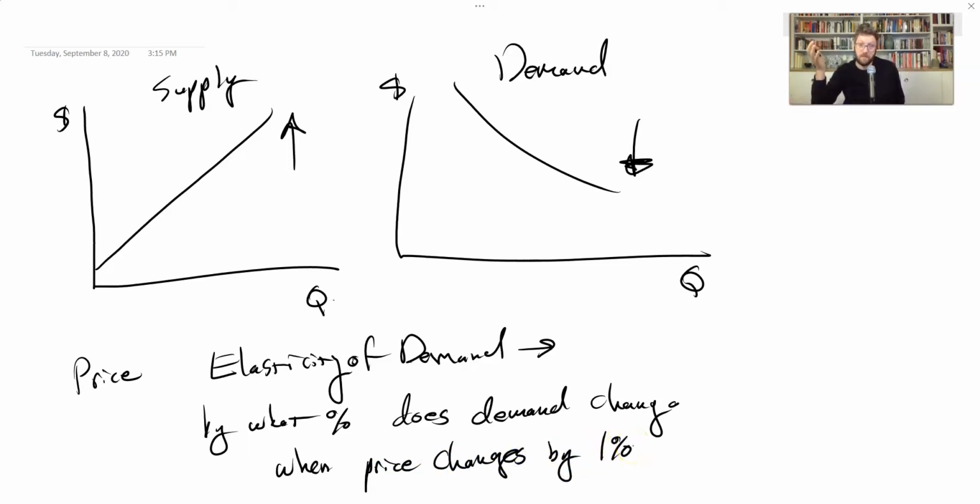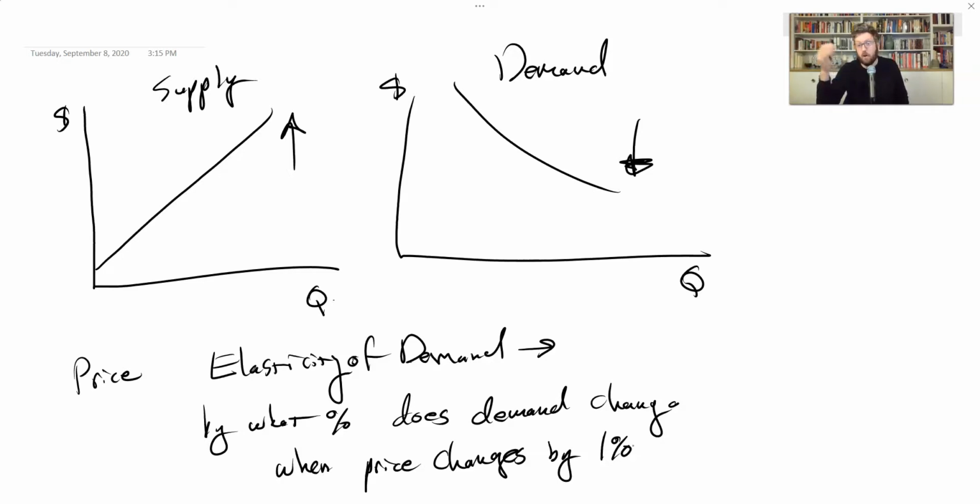For example, if price increases by 1% and the elasticity is -1, then that means a 1% increase in price leads to a 1% decrease in the quantity demanded. You could also have the elasticity equal to -1,000, which would mean a 1% increase in price leads to a 1,000% decrease in demand, which is really sharp.